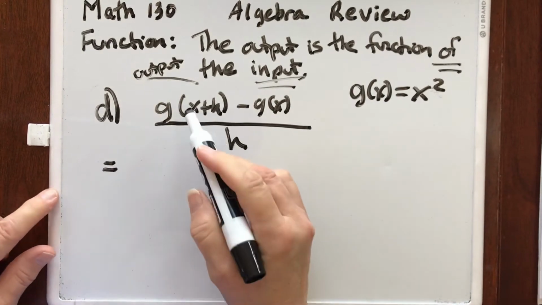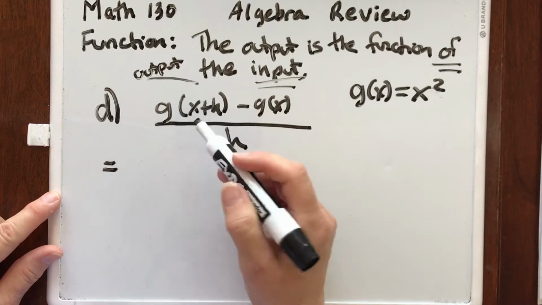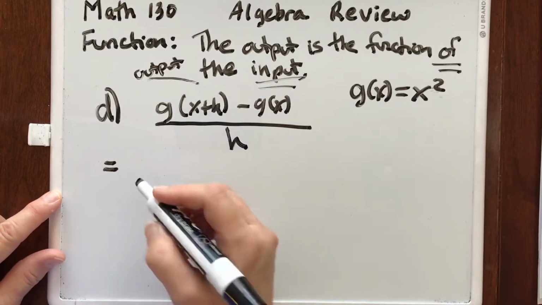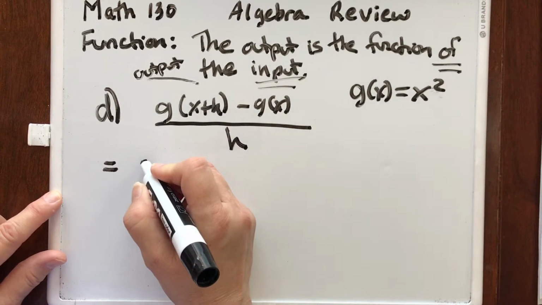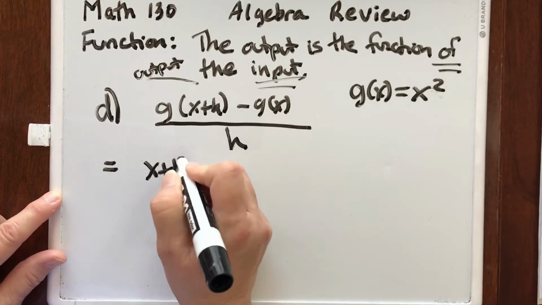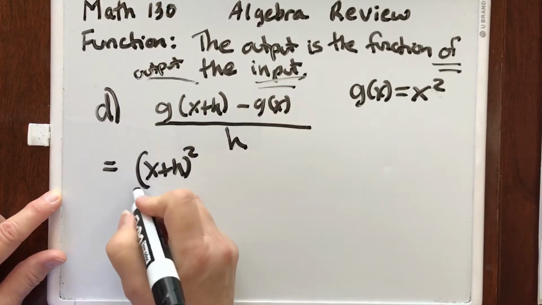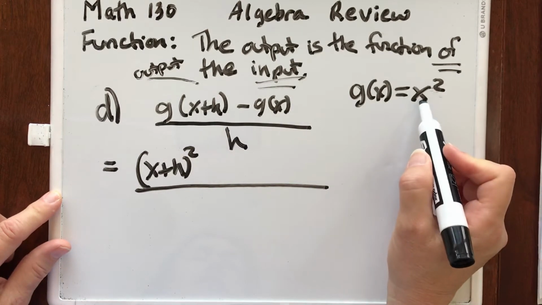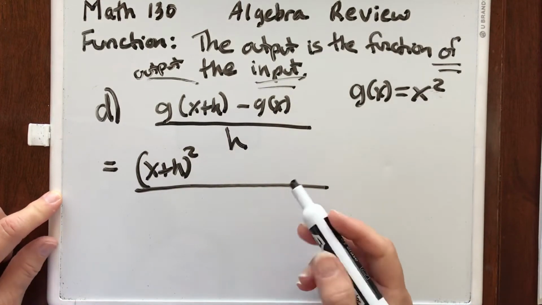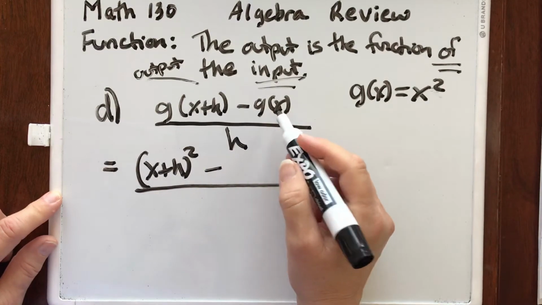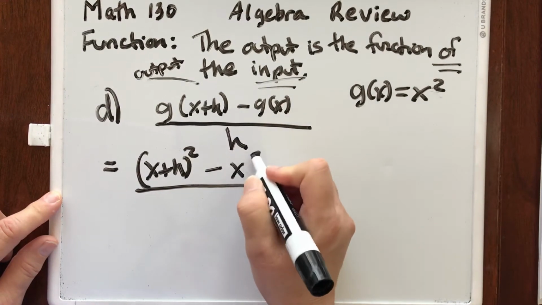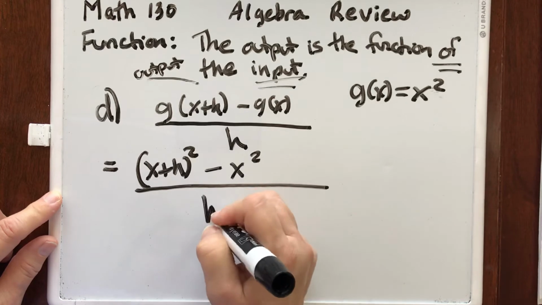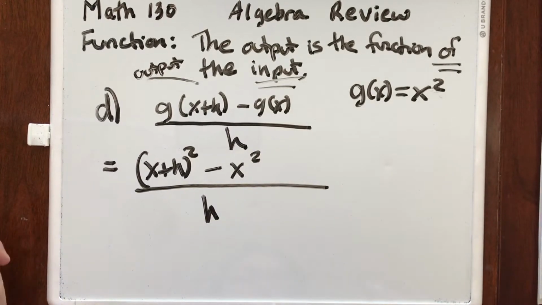Well, g of x plus h, that becomes our input right into this equation. So we're going to have x plus h squared to start with. G of x plus h, we put an x plus h in there, and we get x plus h squared. Minus g of x. G of x is x squared, all over h.